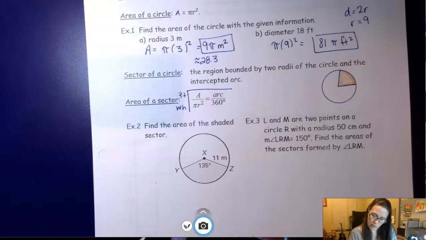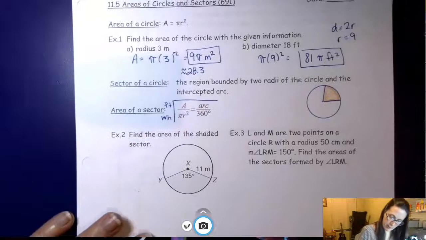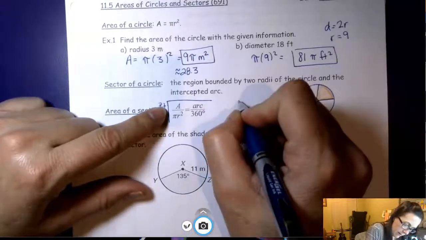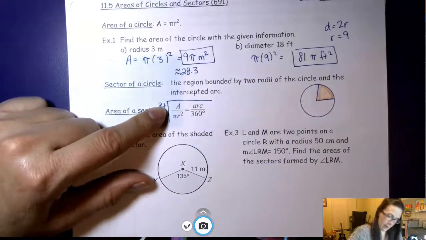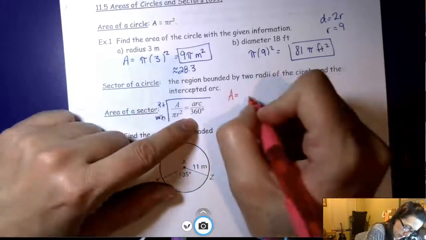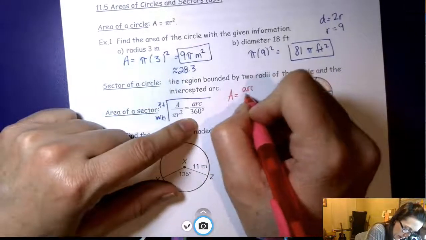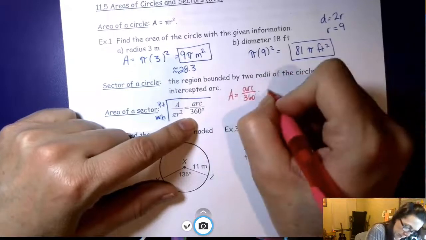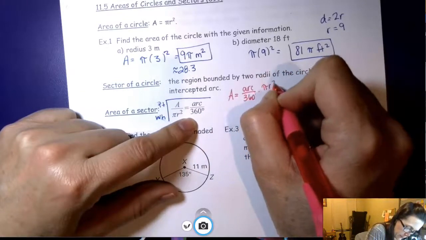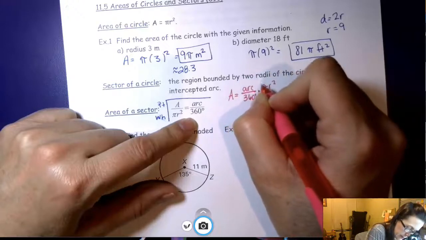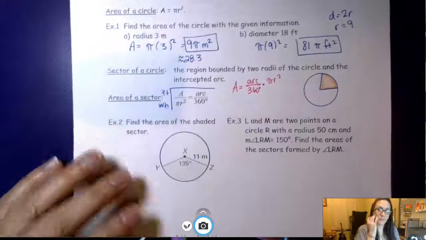So one way you could write this, if you know this is true and you're solving for A, that would make A equal to the arc over 360, so these would both be degrees, times pi r squared. So if you're going to solve this, that's what it's going to look like.